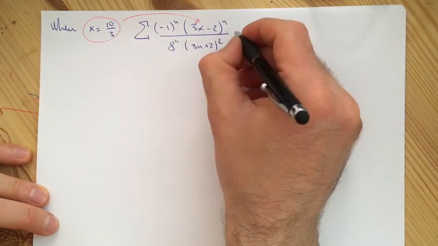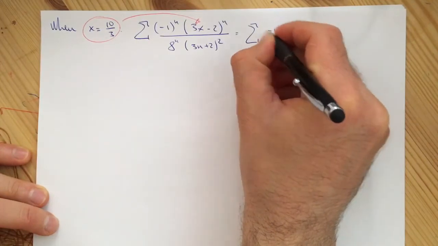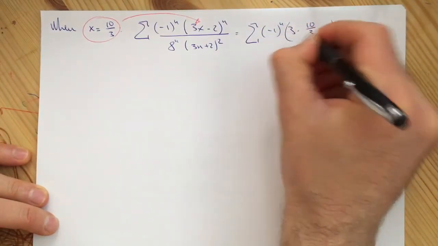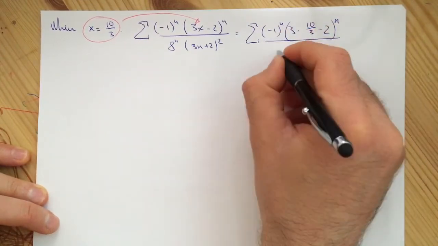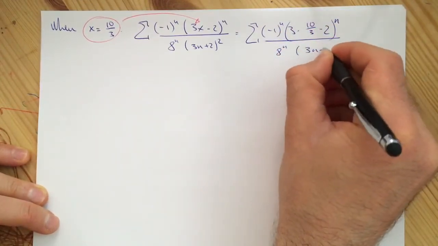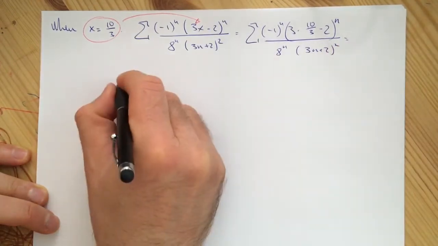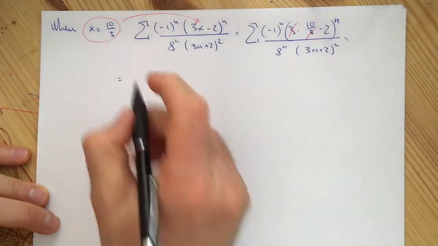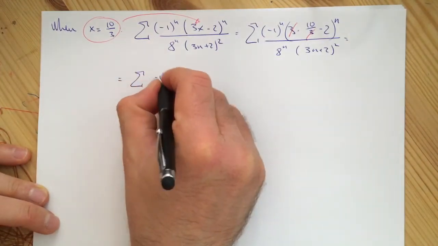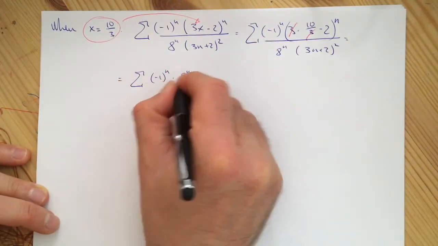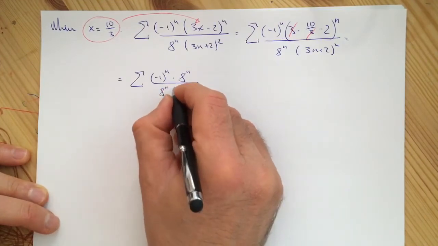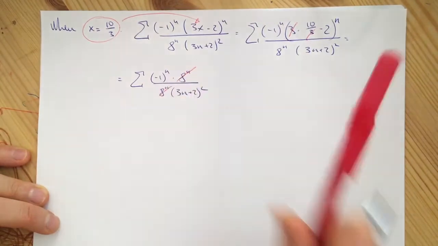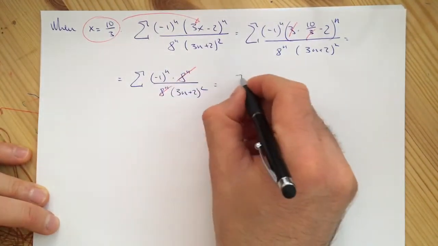Put 10 over 3 instead of x. And how much do we get? 3 cancels out with 3. 10 minus 2 is 8 to the power of n. So (-1)^n times 8^n over 8^n times (3n plus 2) squared. Cancel 8^n, and what do we get?